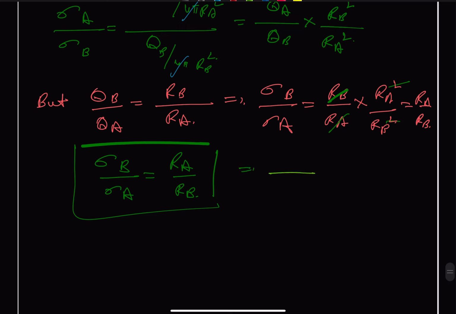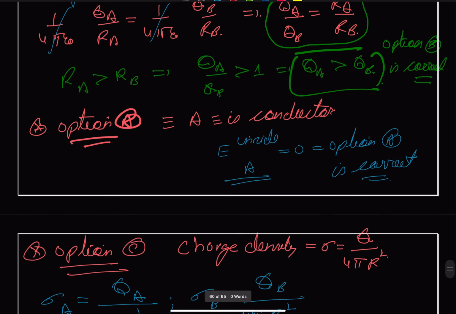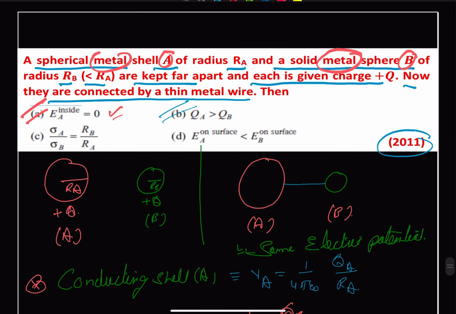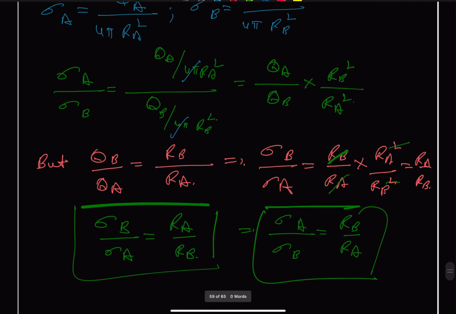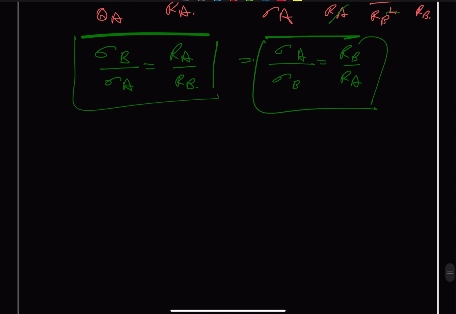So we need sigma A upon sigma B is equal to RB upon RA. So option C is also correct.